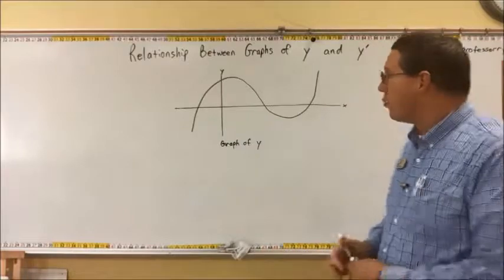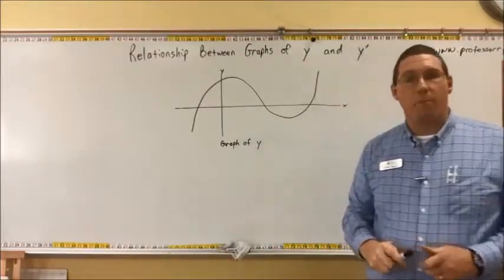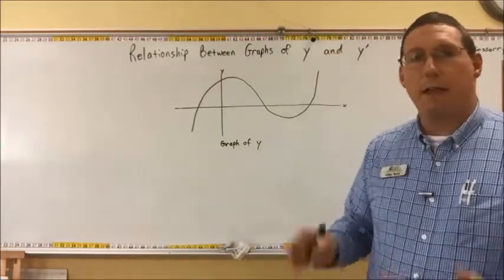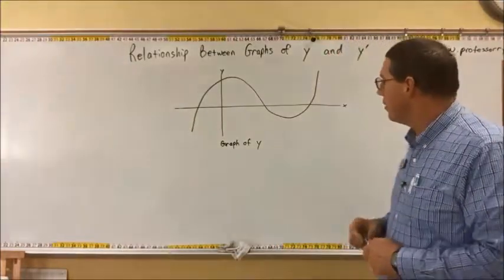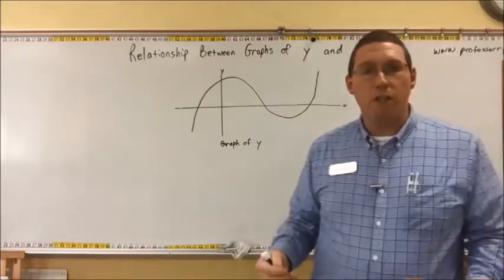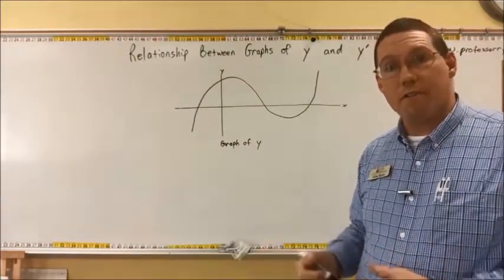When we draw the graph of a function, which you've probably been doing for a long time, you can write an equation, then maybe in a graphing calculator or on paper you can sketch the graph. But here's the funny thing: because derivatives are also functions, we can draw their graphs as well.